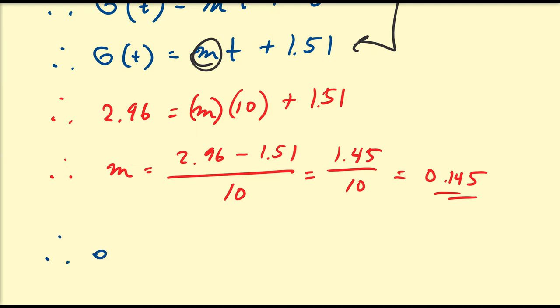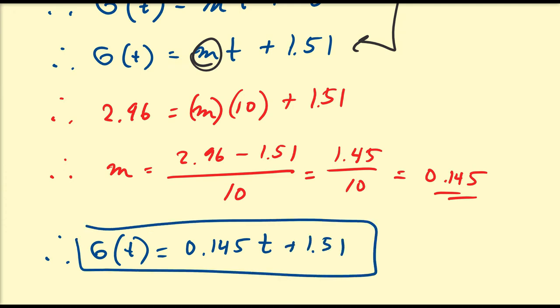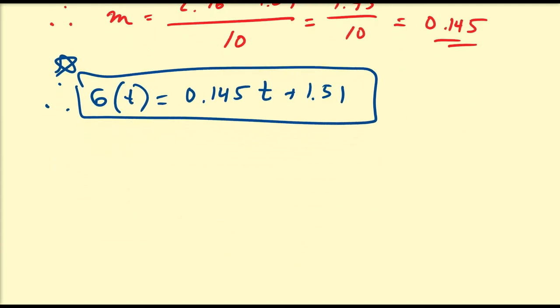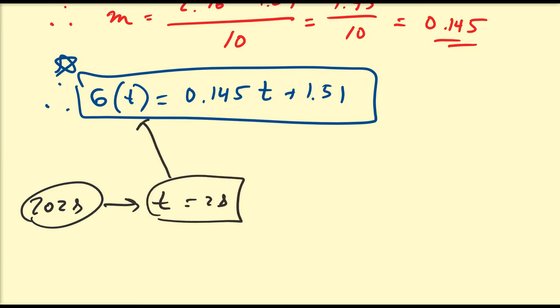So that means our model for the average gas prices with respect to time is 0.145t plus 1.51. This is our linear model for average gas prices. Now we can use this model to figure out the gas price in the year 2028. The year 2028 corresponds to t equal to 28, so I'm going to substitute this value of time into our model.